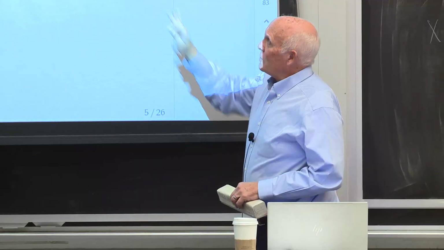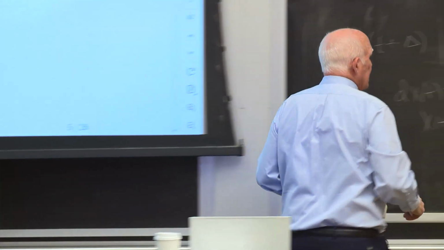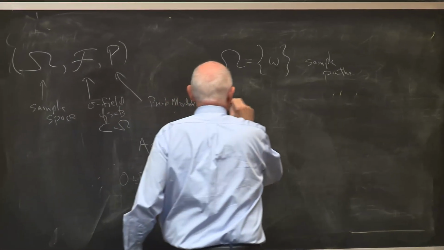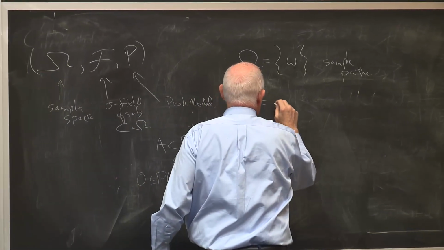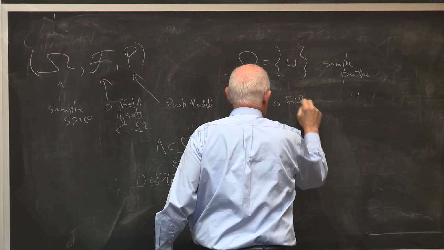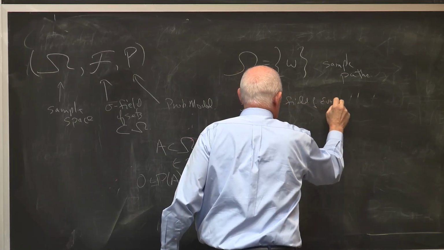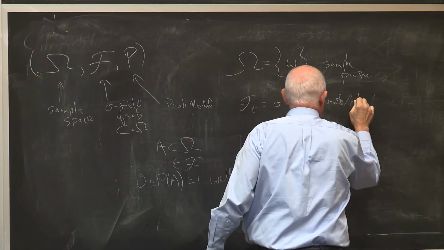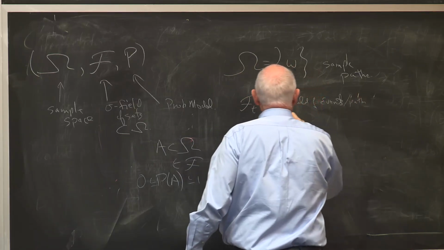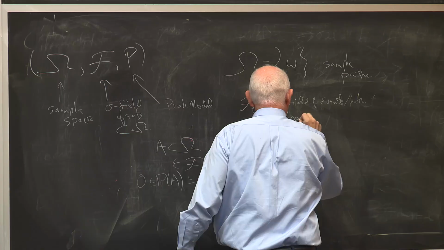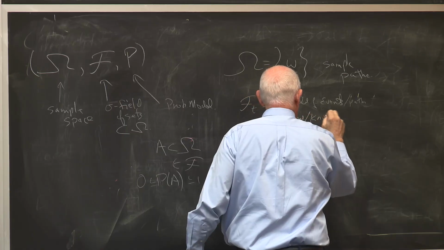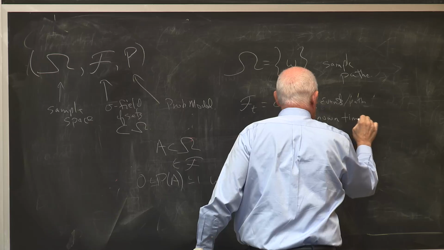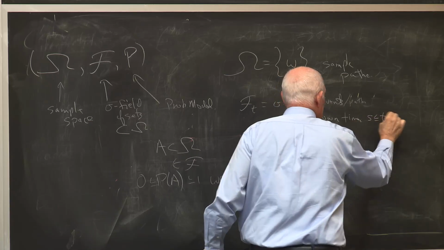Now, the filtration, script Ft. This is going to be the sigma field of events or paths, which are fixed or known at times s less than or equal to t.